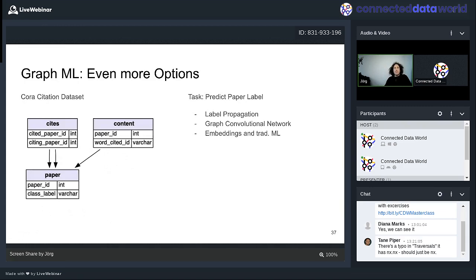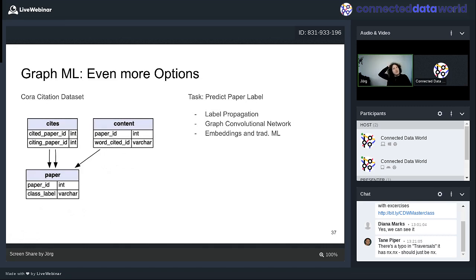We might use a graph convolutional network for this, or we just might get a graph embedding and deploy more traditional machine learning techniques such as support vector machine or other things for classification. If embeddings or graph convolutional network doesn't ring a bell right now, don't worry.